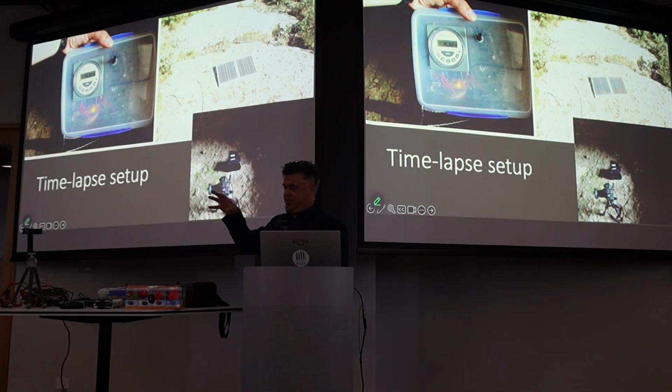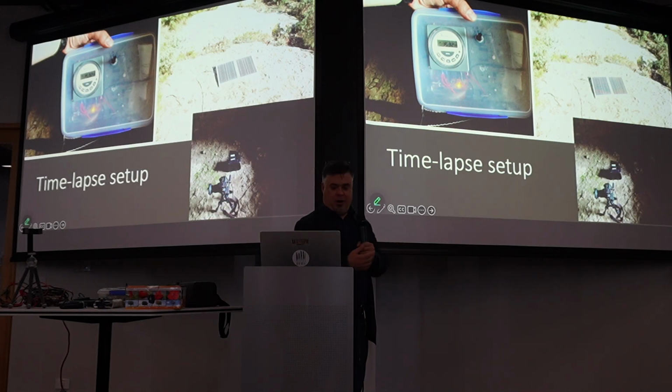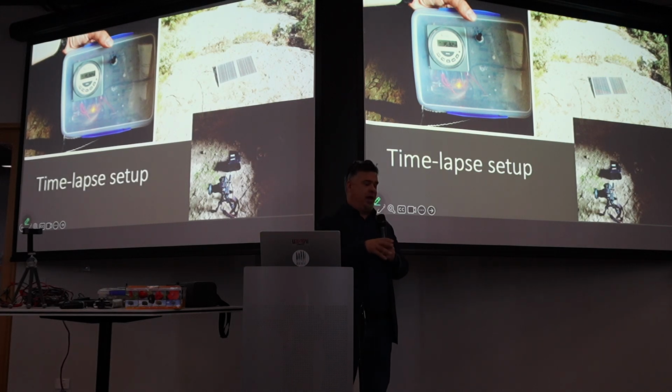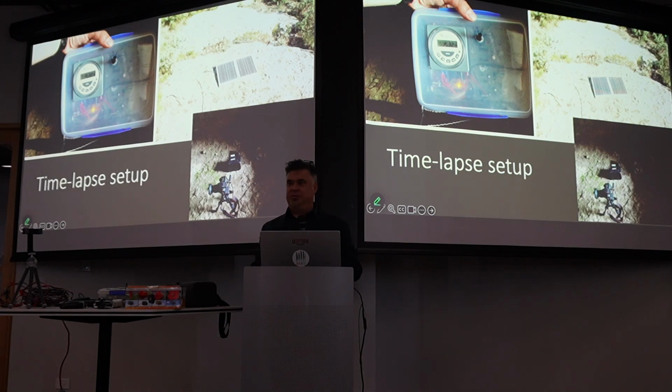The cords are to set it up to a battery and a solar panel and a DSLR, and you can see the setup there, right? So there's a solar panel, it's powering the battery, it's powering the camera, and it's set at 2-minute intervals. I think I've got 2, 5, and 10-minute intervals there.